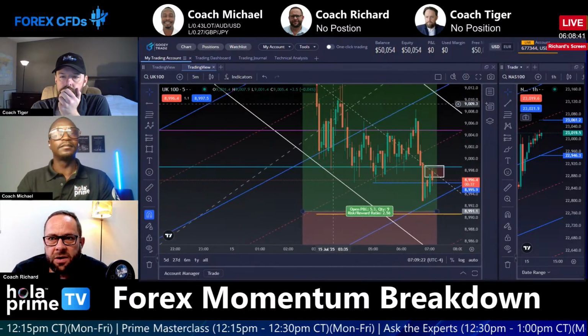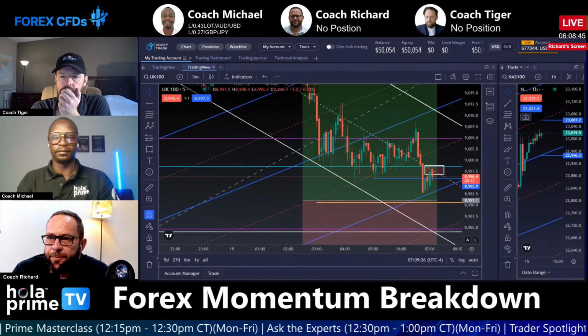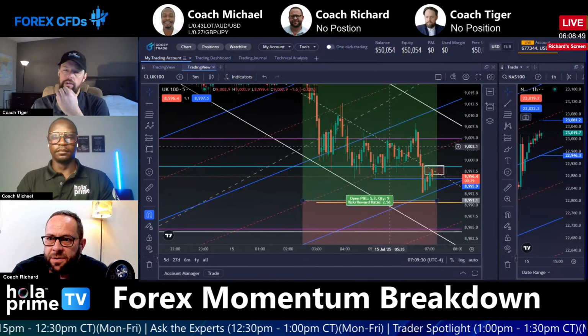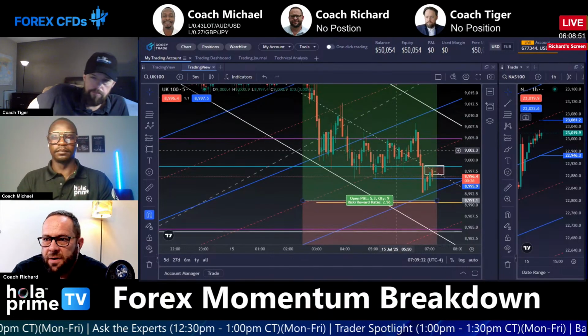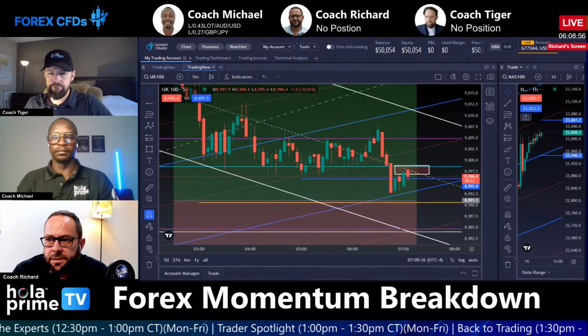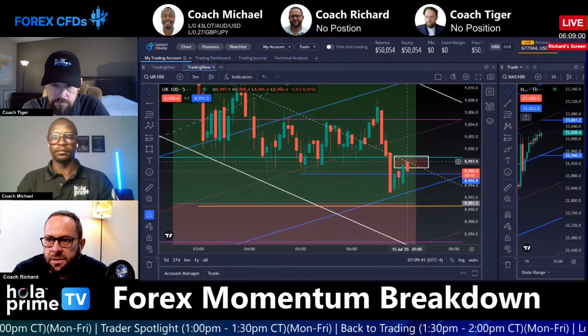But also keep in mind we got the center line of this channel, which reacted or happened to act as resistance quite a few times. Now we hit it again. Right, so a bit of confluence in that fair value gap.